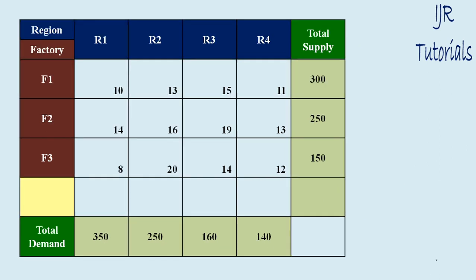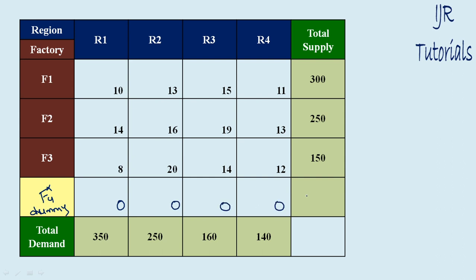Let us see. In the previous case there were 3 rows and 4 columns, but now we are adding one additional row, the dummy row. We write F4 with a star mark, and write dummy for reference. For every dummy row or dummy column the cell values are zeros, so we take zeros here.